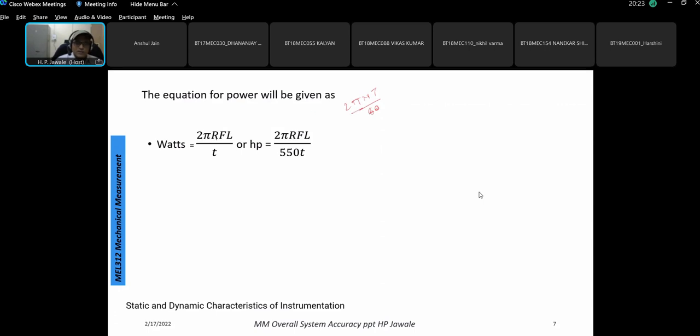So it will be 2πRFL/T in terms of watts, or if it is given in terms of the horsepower rating, it will be 2πRFL/(550T). So this is a standard conversion.